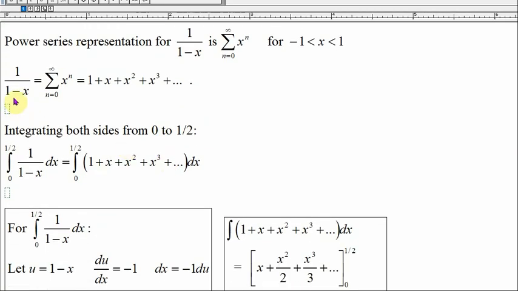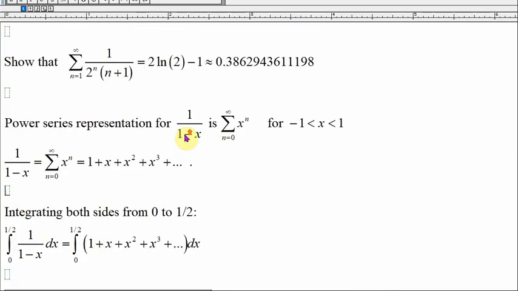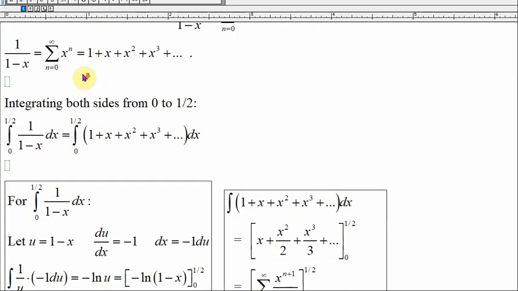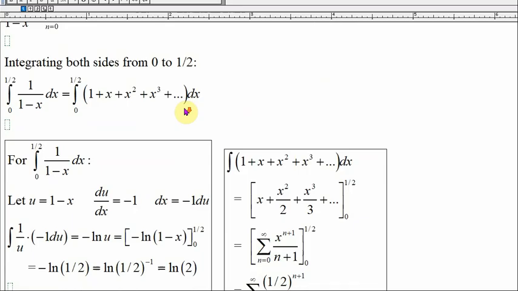And now what I'm going to do next is integrate both sides from 0 to 1/2. The reason for the 1/2 is because I have 1 over 2 here. For this integral, we can use the substitution method, so let u be 1 minus x.